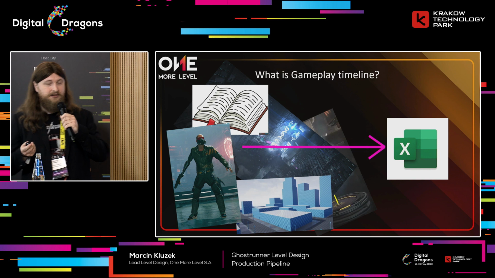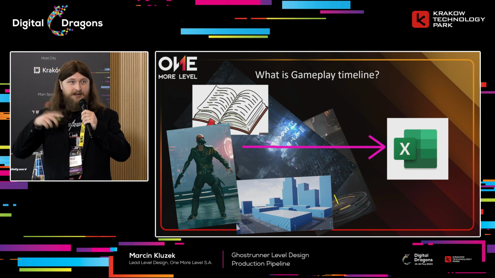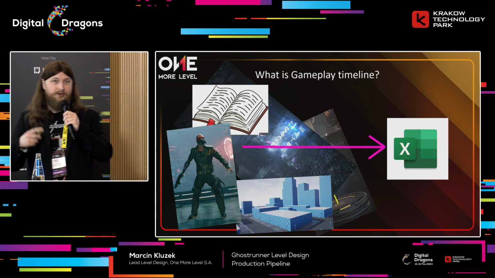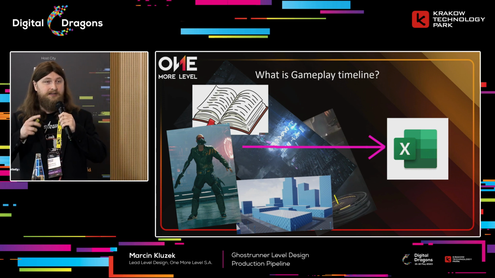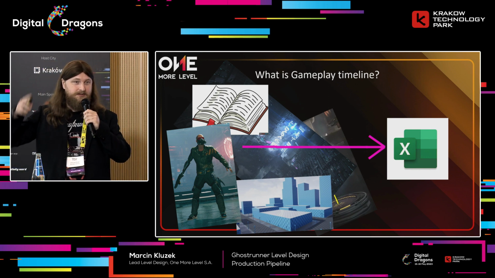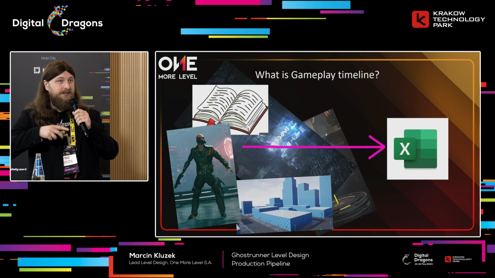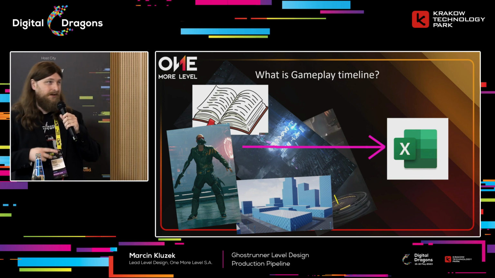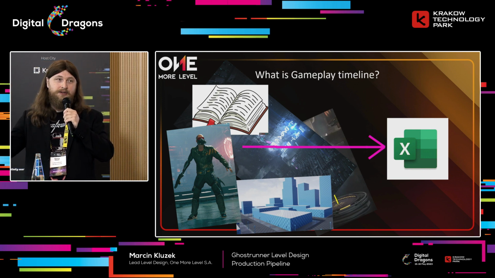A narrative designer creates the story. When we have planned out all the enemies that we want to have and tested some of them, and the story can be divided into main plot points, we distribute it all in a document called Gameplay Timeline, one document that's planning the whole campaign.